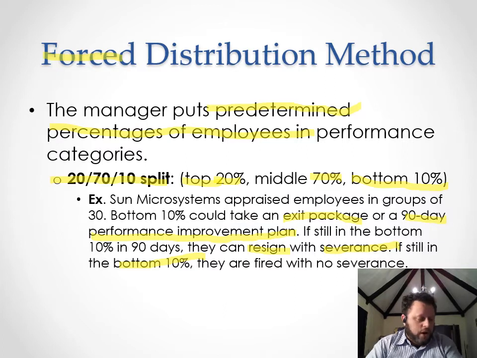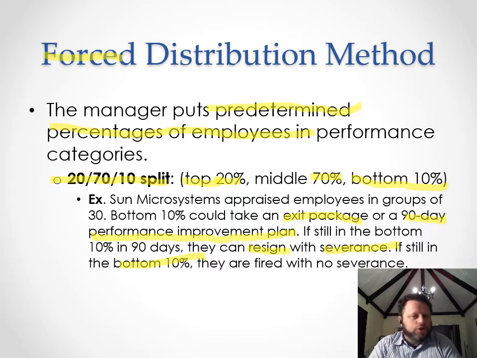Now, what's good about doing something like this? The advantages of a forced distribution method are you can deal with a lot of people at the same time. That's really good. Another thing is it avoids the middle bias. The middle bias is a very common bias for a manager.